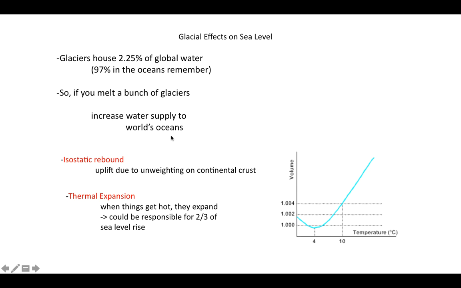And that means, like I said, that we're going to have less reflective capabilities, but we're also going to have more water in the ocean, which means that if we live along the coast, which we do, we're going to have less coastline. So when we talk about climate change leading to sea level rise, this is where it's happening. It's because of all of the fresh water that's going to melt into the ocean and cause sea level rise.